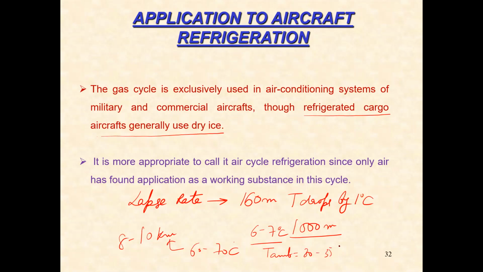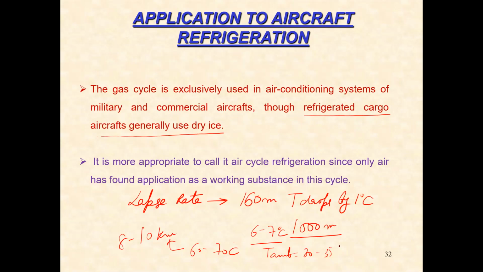So you can understand that the temperature at such a height is minus 30, minus 40 degrees Celsius, and still we want to go for the air conditioning of the aircraft. So I think you can think about this and give a thought before you proceed to the next slide and listen to the reason.